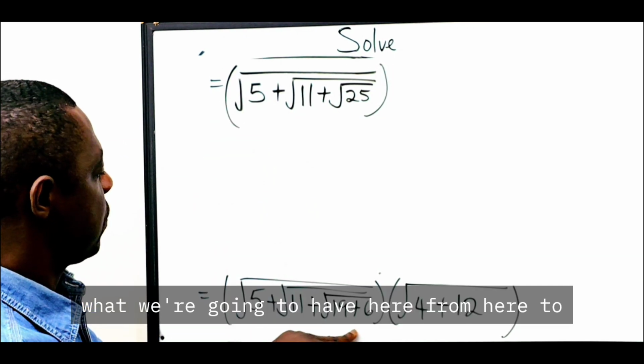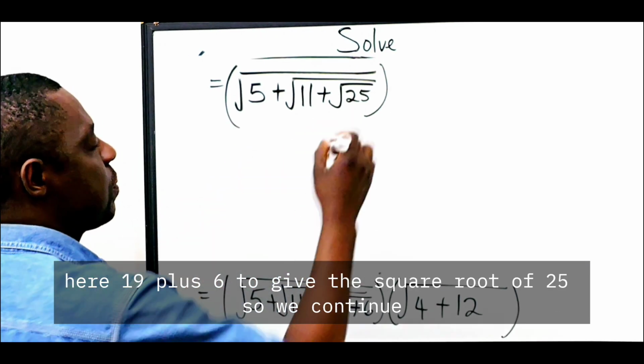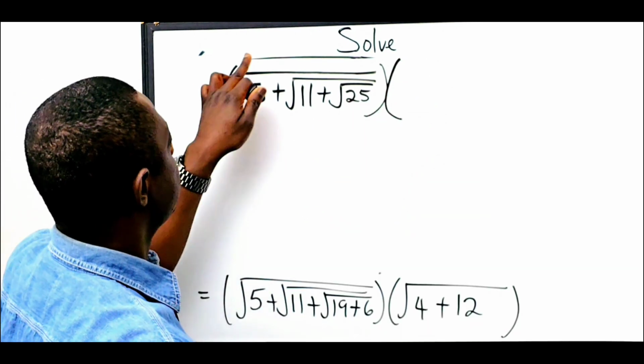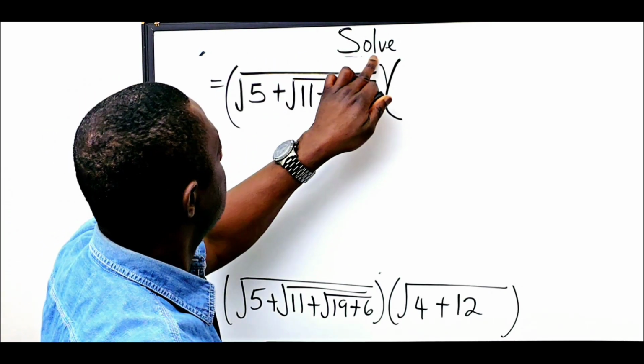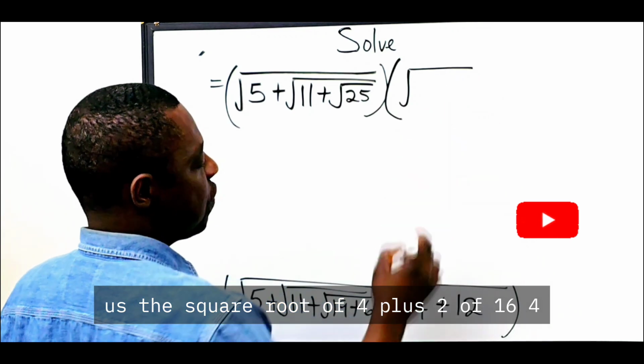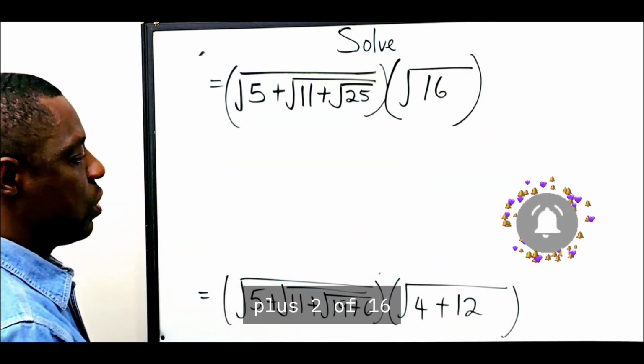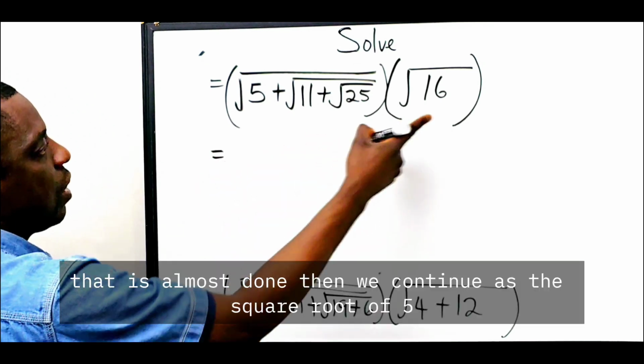That's what we're going to have here. From here to here, 19 plus 6 to give the square root of 25. So we continue. Then this is going to give us the square root of 4 plus 12, 16. That is almost done.